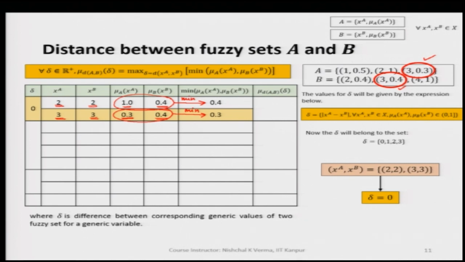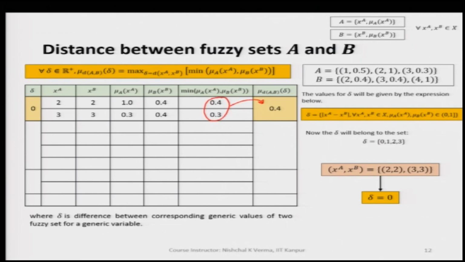This is what we need to do. Then the next step for delta equal to 0 is to find the maximum of these two.